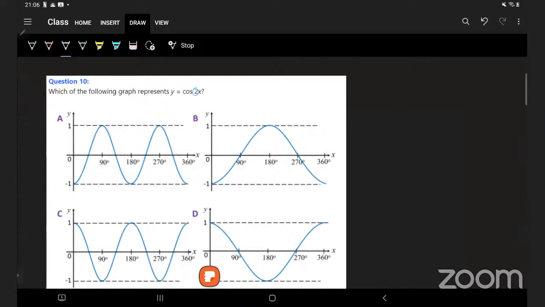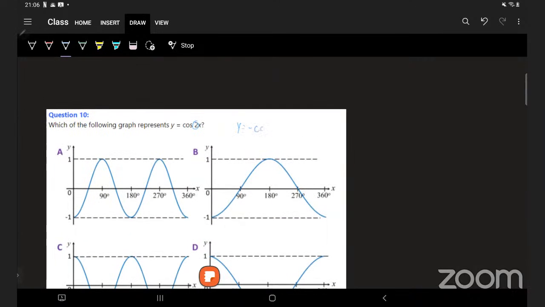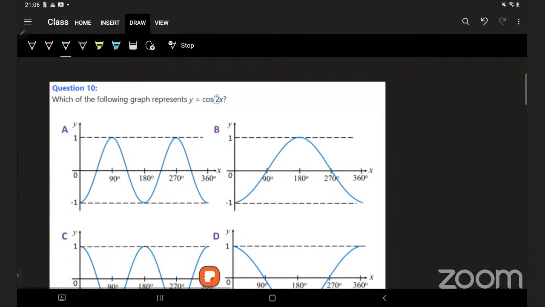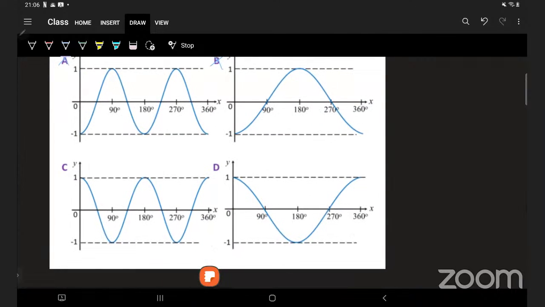Cosine 2x has to start from 1 and not 0 or -1. Like y is equal to negative cosine 2x would mean that the graph starts from -1. But since it's just a plain cosine 2x graph, it has to start from 1, so we can straight away eliminate A and B.